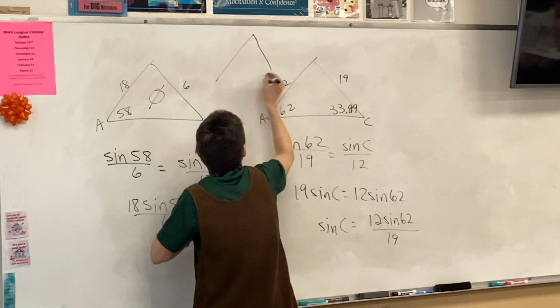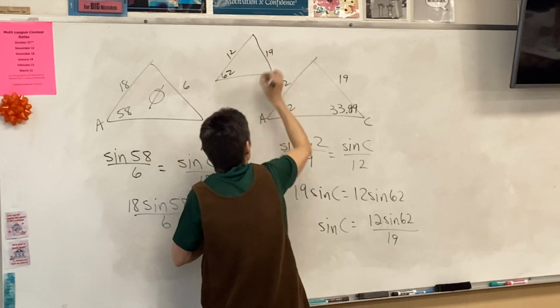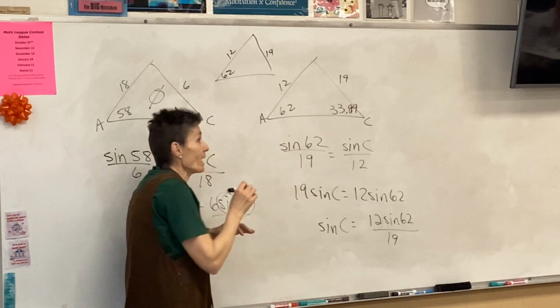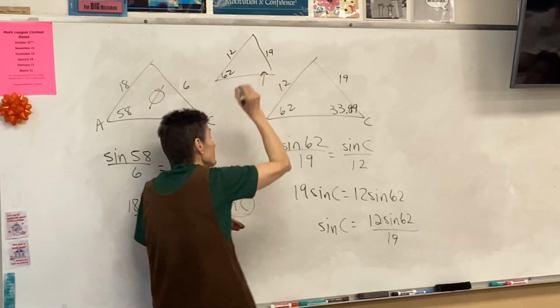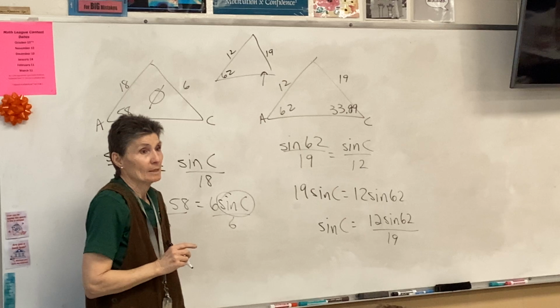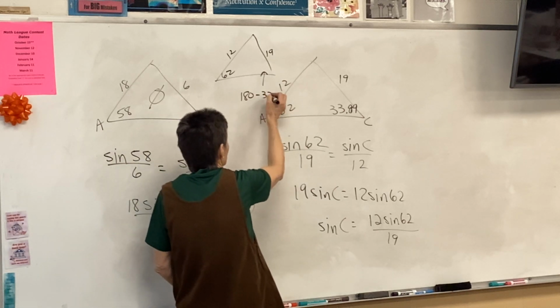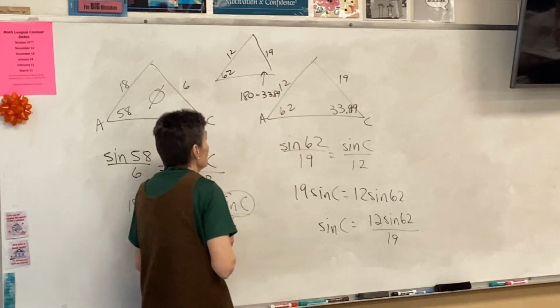Okay, so then remember what we do. Over to the side or somewhere, we redraw the same exact triangle, recognizing there could be a second answer. If there is, it's gonna be 180 minus 33.89.